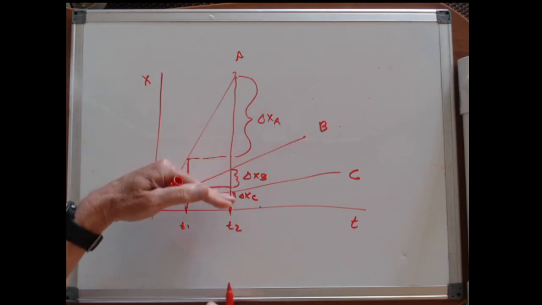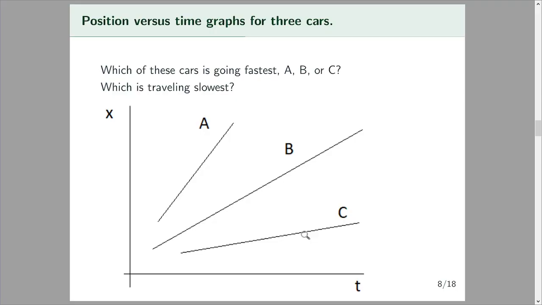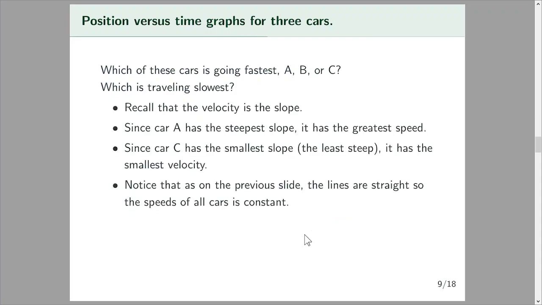And so the shallower the slope, the flatter the slope, the slower the average velocity of the car. So in this case, A was going the fastest, C was going the slowest. Right? And since the lines were straight and not curved, all the cars were traveling at constant speeds, constant velocities.